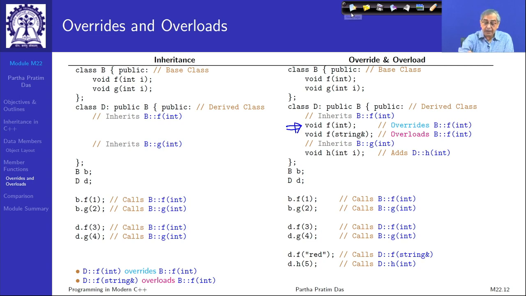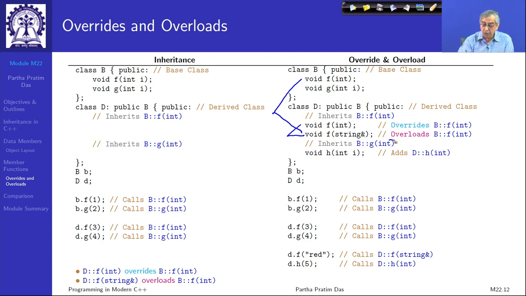What I have further done is I have given another member function f here, which takes a parameter of reference to string. Now, this is not the same signature as the original f function. So, between the original f function, or the overridden f function, and this, the signature is different.